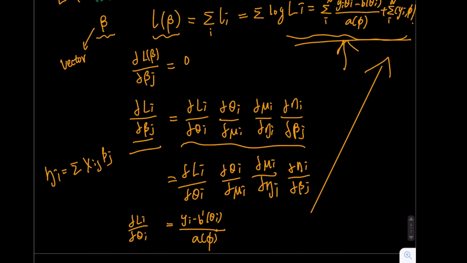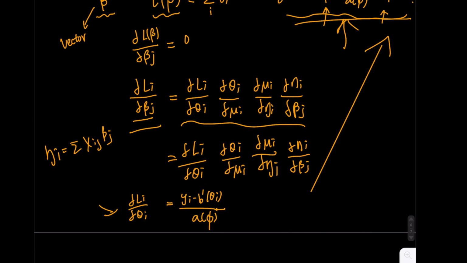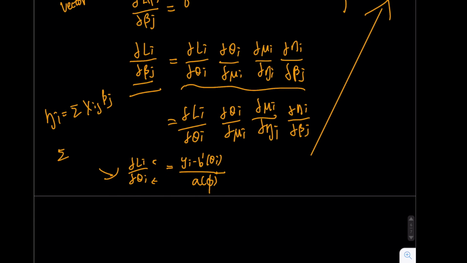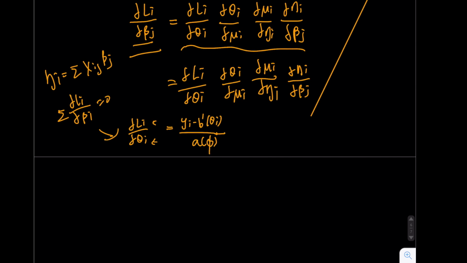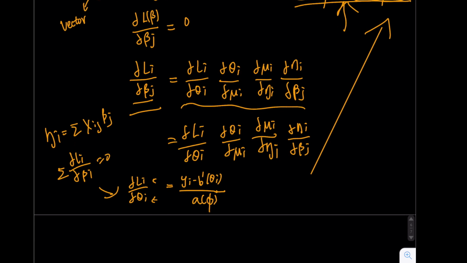Okay, and you might ask me, there was a summation, but why are you dropping the summation here? Because if you look at the footnote, I am calculating one likelihood at a time. Essentially, the sum of the dL_i d beta will be 0 on an individual basis. That's easier in representation.